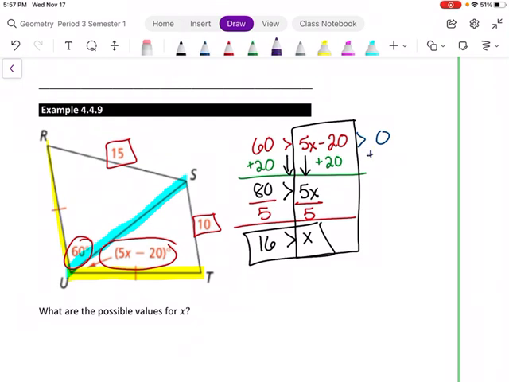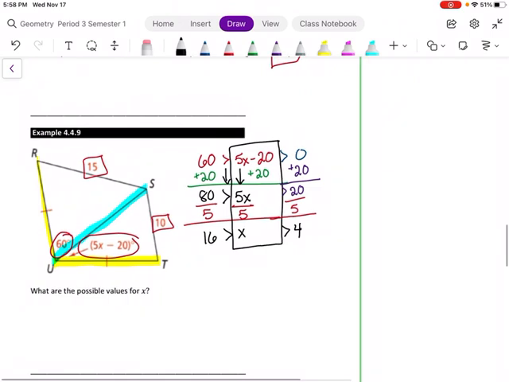So we added 20, we're going to add 20 over here, and we're going to get 20 is greater than 5x, and then we divided by 5, and we would get x is also greater than 4, which would give us the range of inequalities.